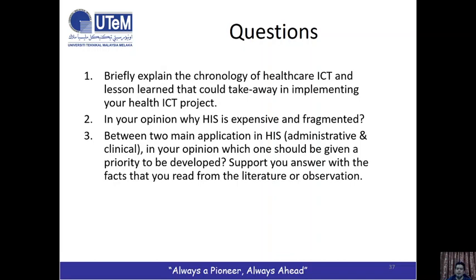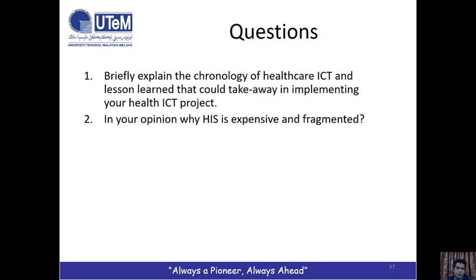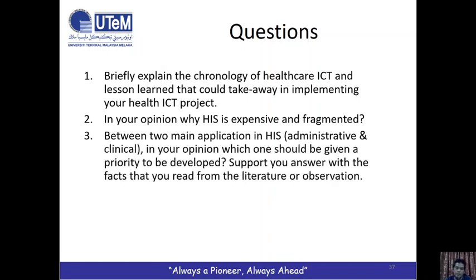Okay, another question from the history and evolution of healthcare, from the HIS implementation from 1960 until 2020. So you can see why the HIS is expensive, and why they are fragmented.